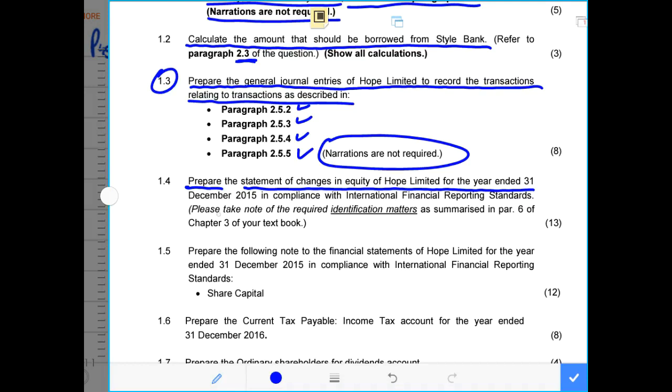And they say, please take note of the required identification matters as summarized in paragraph 6 of chapter 3 of the textbook. So now they just emphasize making sure that we maintain the standard when it comes to preparing our statement of changes in equity. Then I will be doing that.